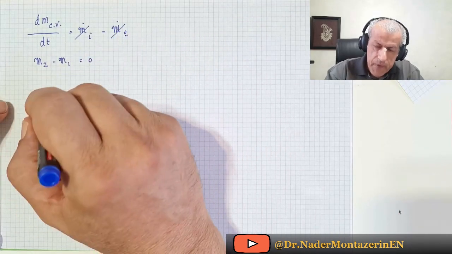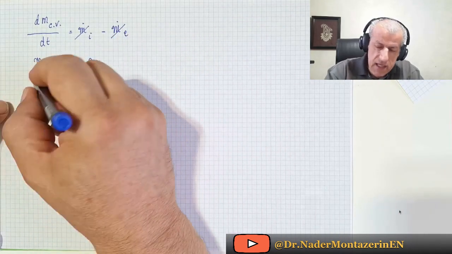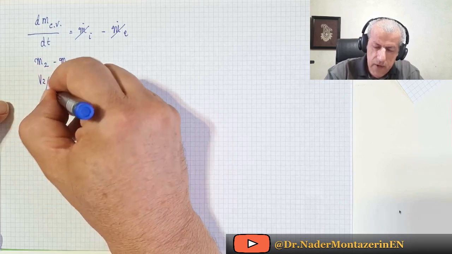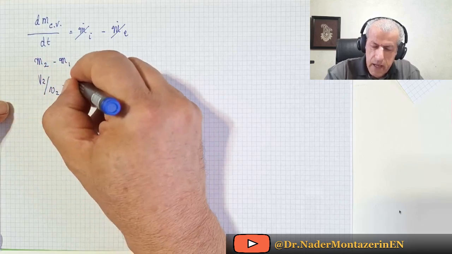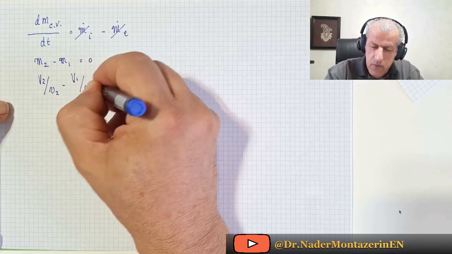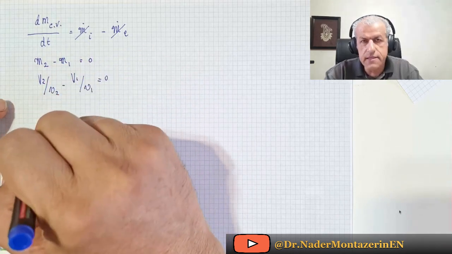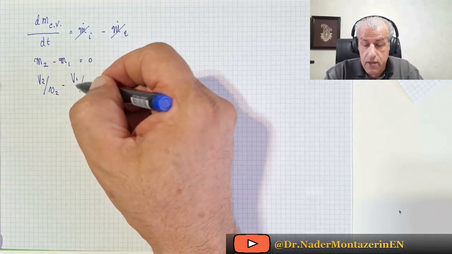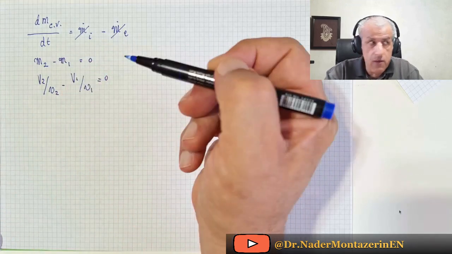Now, we could change this and write it like this: V2 over v2 minus V1 over v1 equals 0. Mass equals volume divided by specific volume.